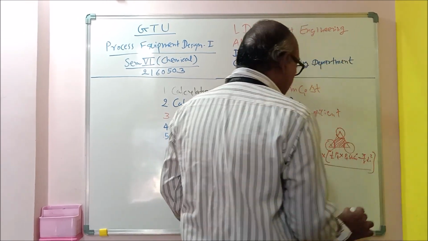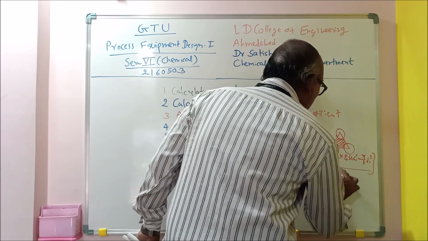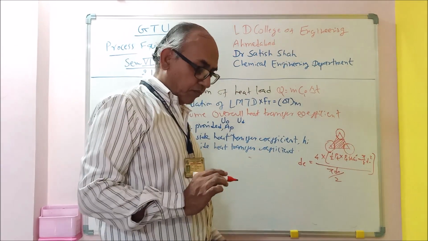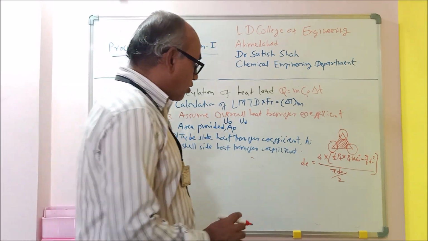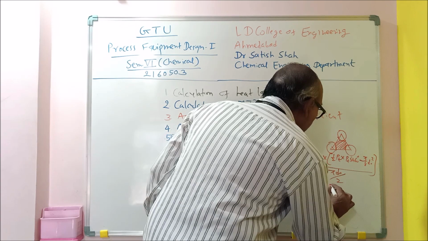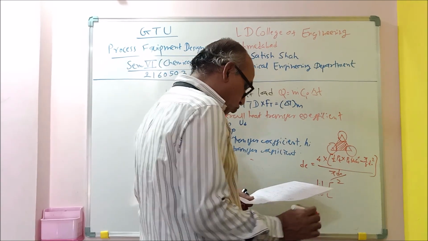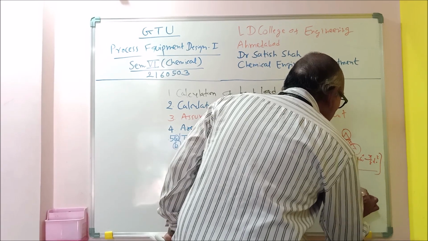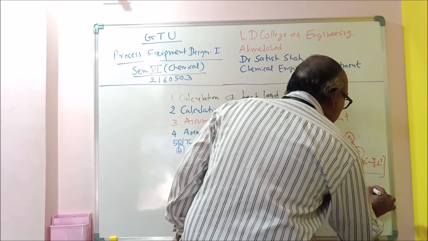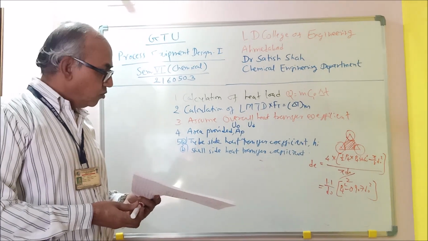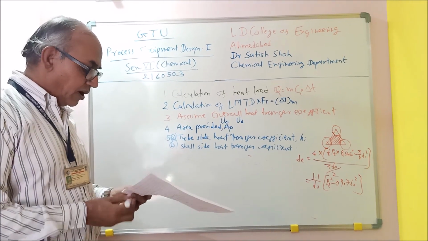And you divide by pi DO by 2, because again it is a half circle. So if you simplify this, it will become 1.1 upon DO into PT square minus 0.907 DO square. So this way you will calculate the equivalent diameter.